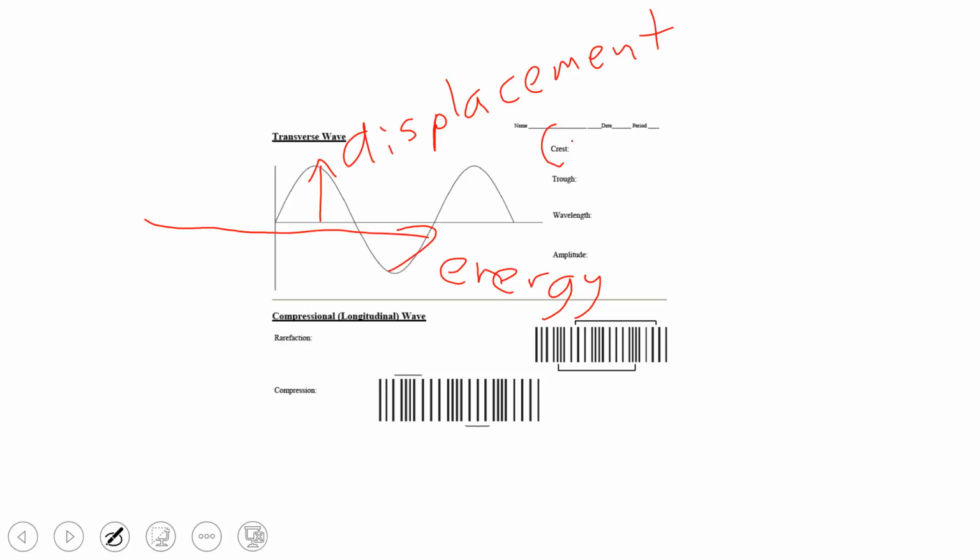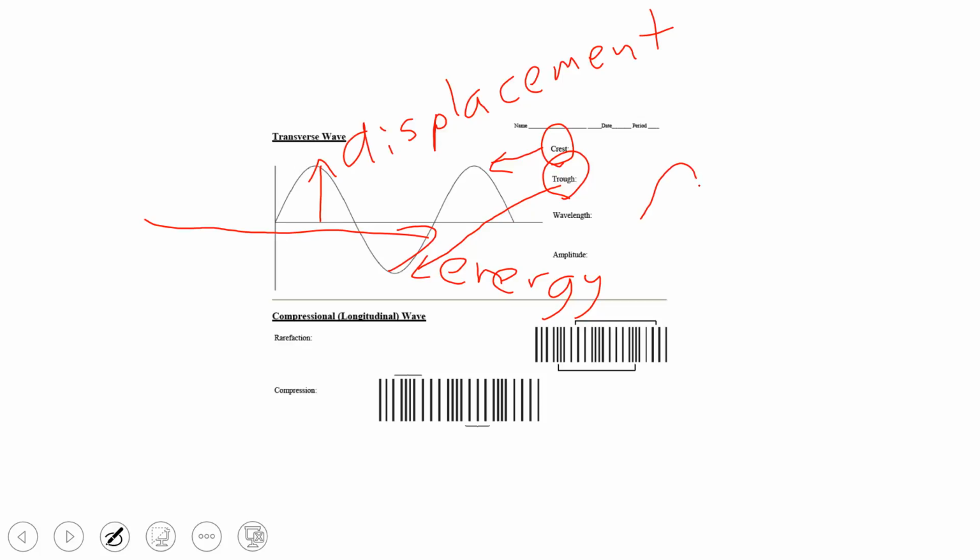The crest is the top, the highest point of the wave, the highest point of displacement. Trough is the lowest point of displacement. Wavelength is the distance from either crest to crest or trough to trough.